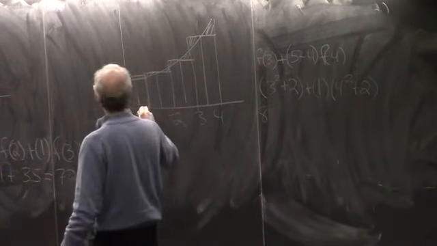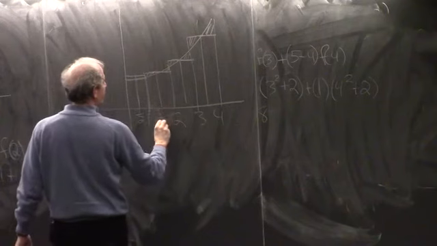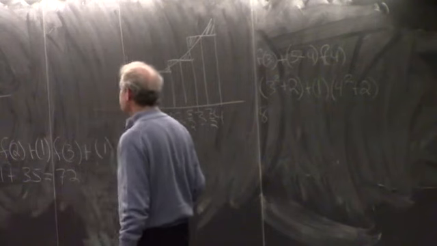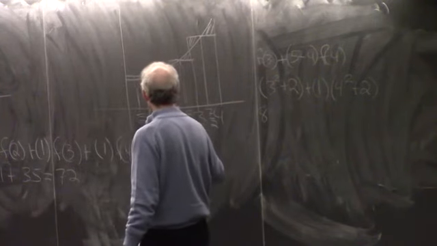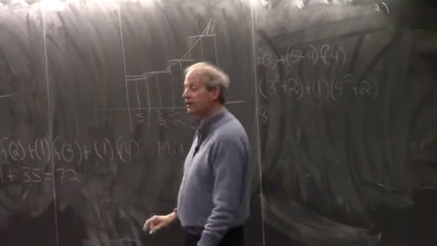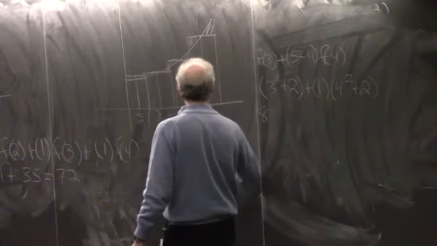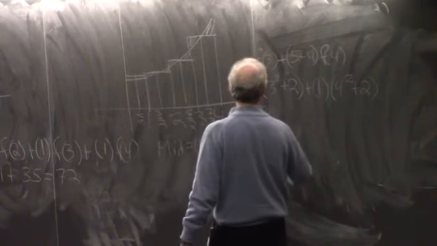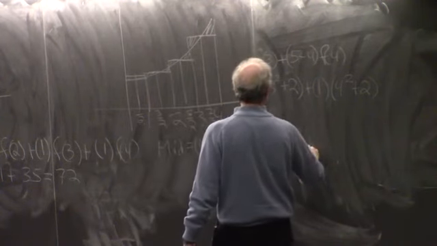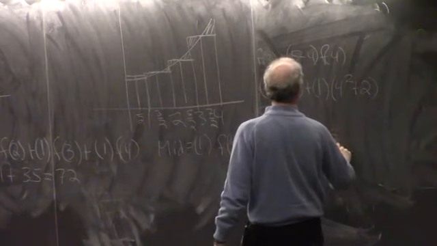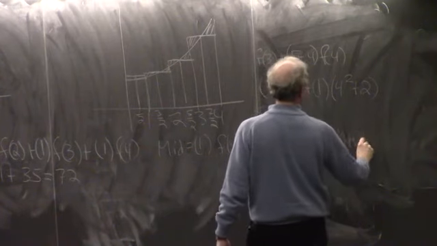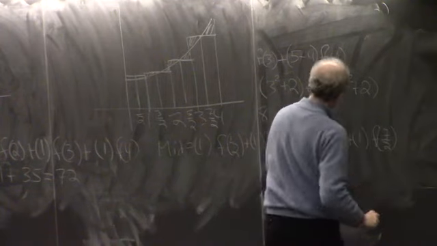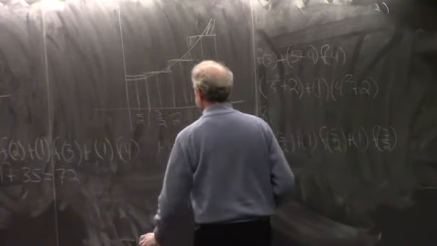So if I wanted to get the midpoints, these are 1/2, 3/2, 5/2, and 7/2. The width of each rectangle is still 1. The height is f of 1/2, plus 1 times f of 3/2, plus 1 times f of 5/2, and 1 times f of 7/2. Remember, no calculators in MAT126.